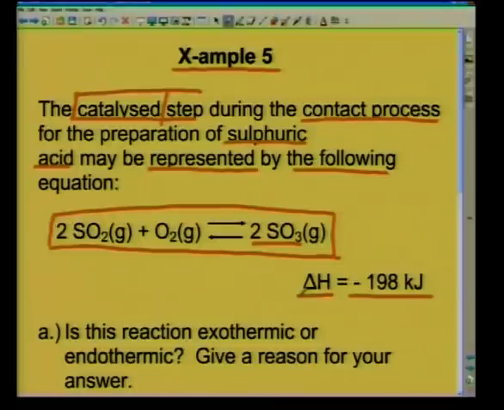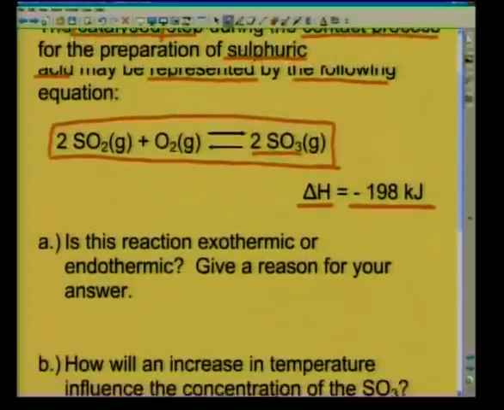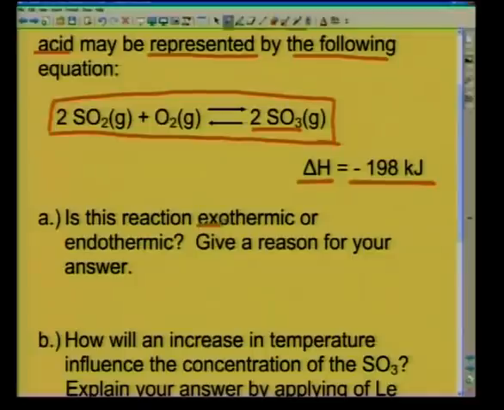So we are told that the heat of reaction is minus 198 kilojoules. Now here are the questions. Is this reaction exothermic or endothermic? Give a reason for your answer. Look at it. This reaction is definitely exothermic. Why do we say it is exothermic? Because delta H has a negative value.